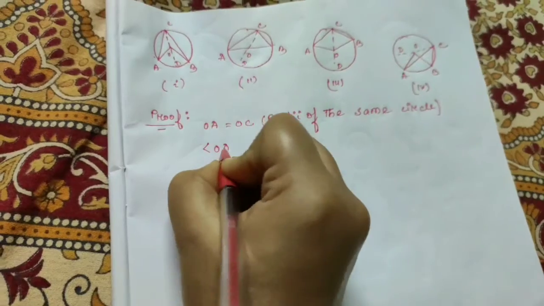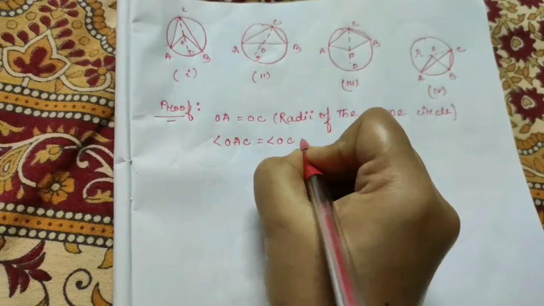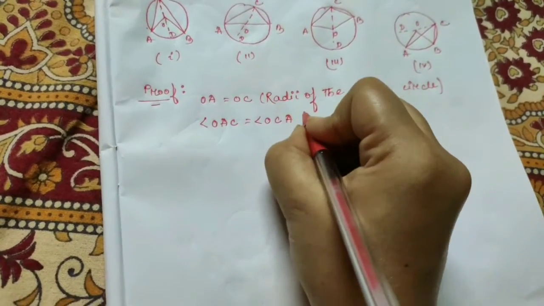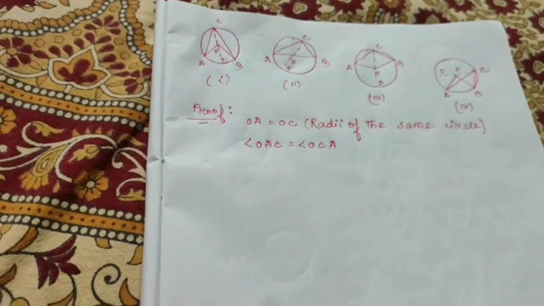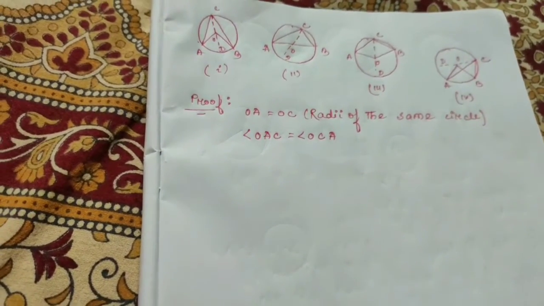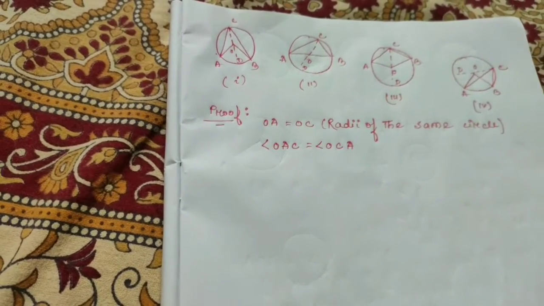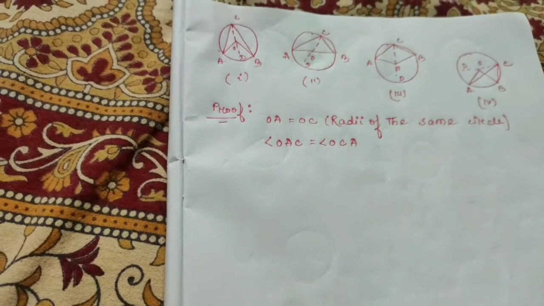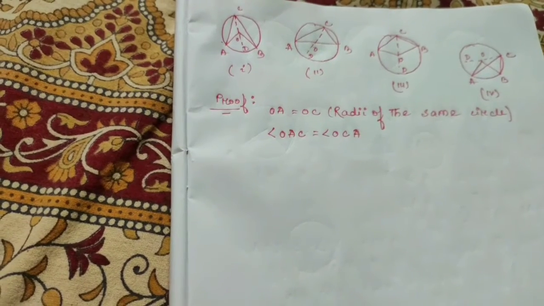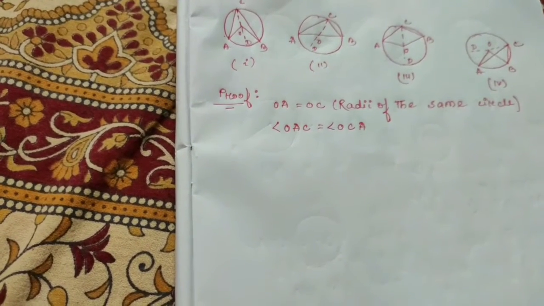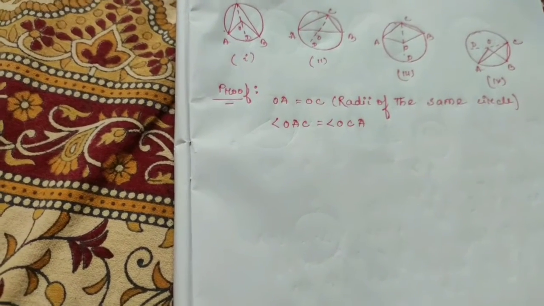Now angle OAC is equal to angle OCA because OAC and OCA are opposite to the equal line segments. OAC is opposite to the line segment OC and OCA is opposite to the line segment OA, and OA equals OC. Therefore, angle OAC equals angle OCA.